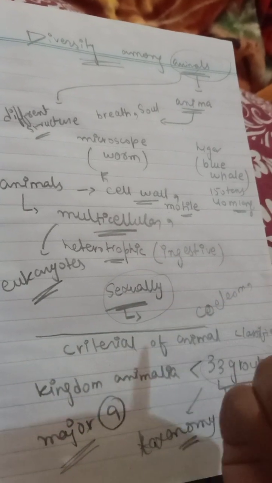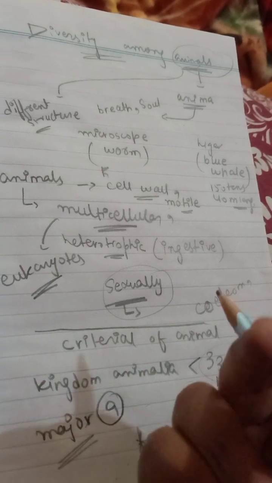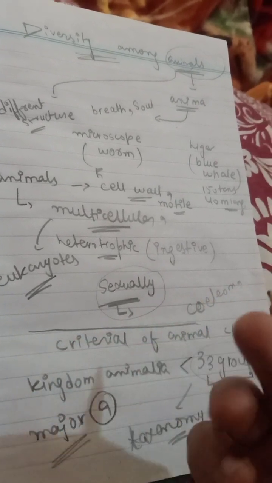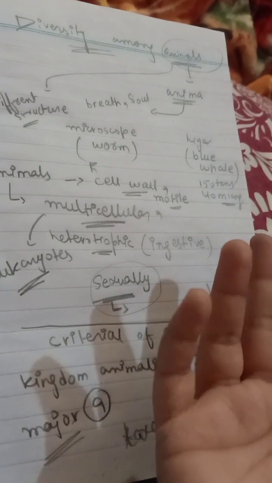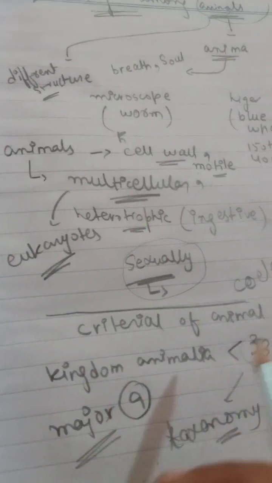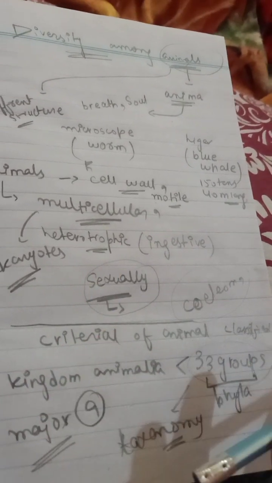If the first opening is the anus, we call that a deuterostome. And if the first opening is the mouth, like we animals have, we are protostomes. We'll be discussing that in the next videos too. So we are basically classifying on these things.